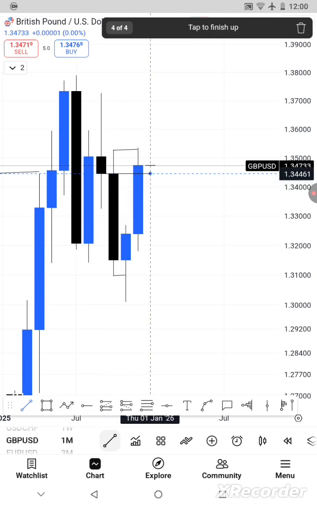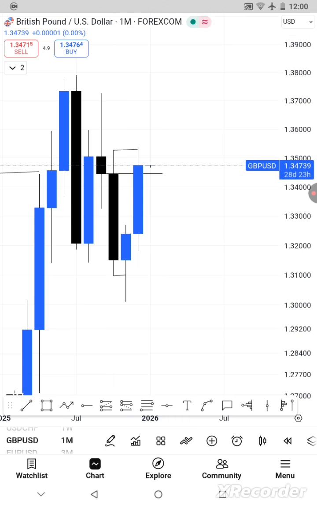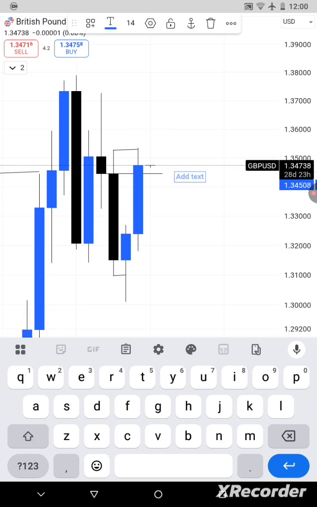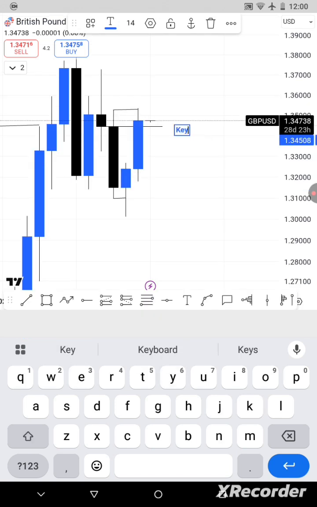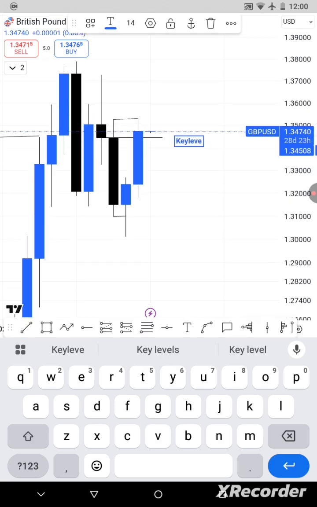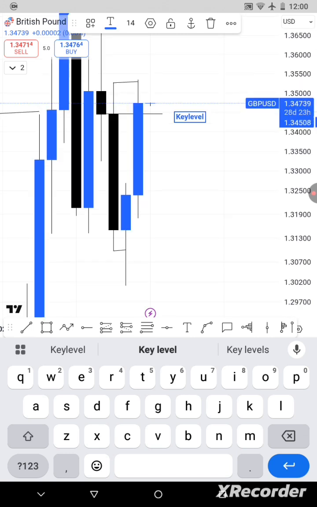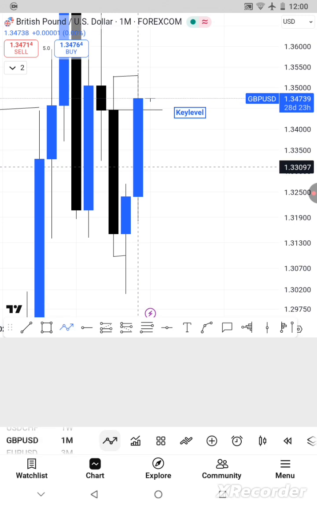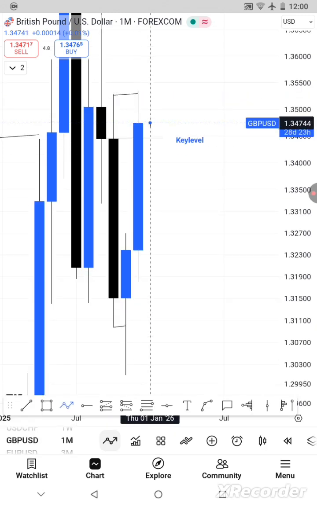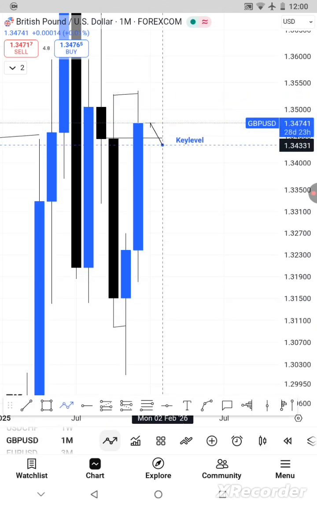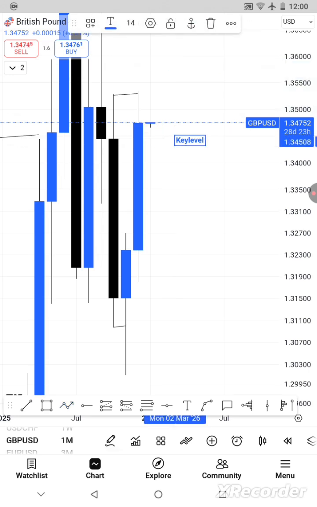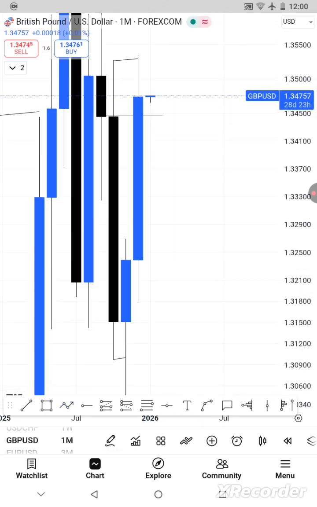We're expecting the market to come somewhere here, react from the key level and move forward. So we're expecting that on the monthly time frame right now.